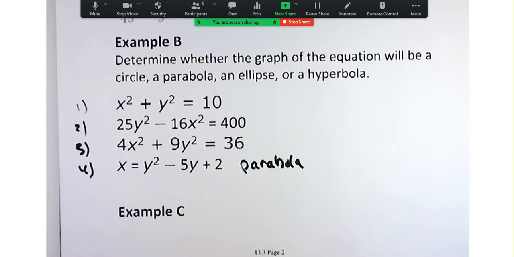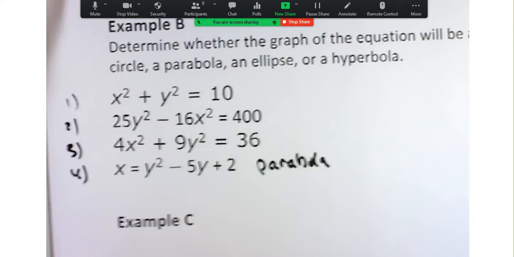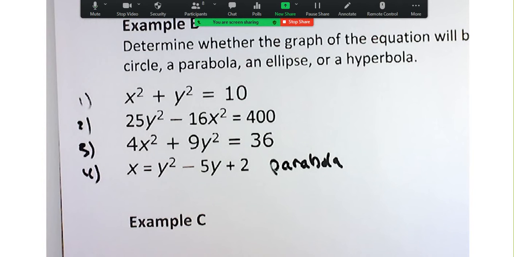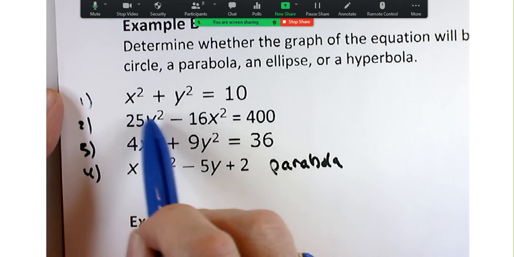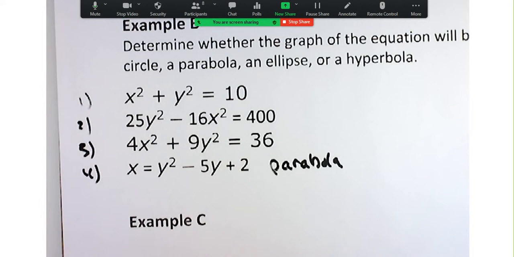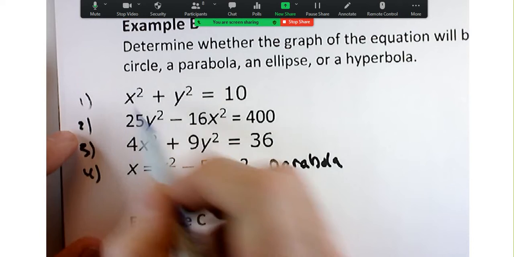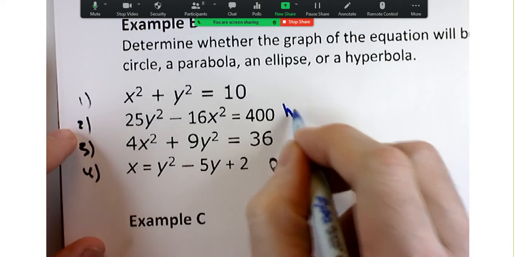So again, let's look back here. Is one of these a hyperbola? What do you think? Number 2. Number 2 has to be the hyperbola because you've got two squared terms that are opposite in sign. One of them's positive, one of them's negative. In fact, this would open up and down as opposed to left and right. So that's a hyperbola.